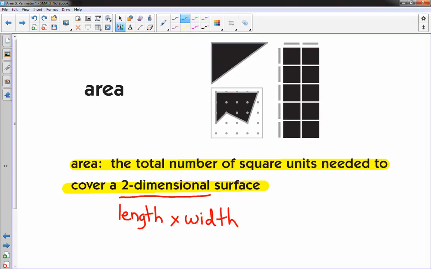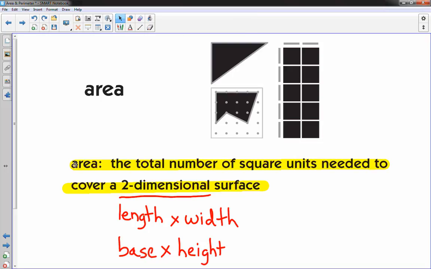You might hear base times height. But you're basically taking two linear distances and you're multiplying them to get a space filled with squares.